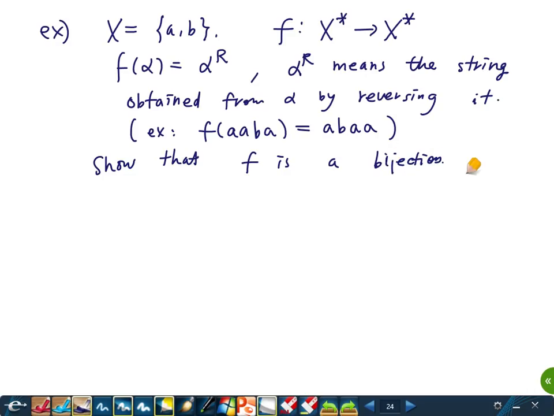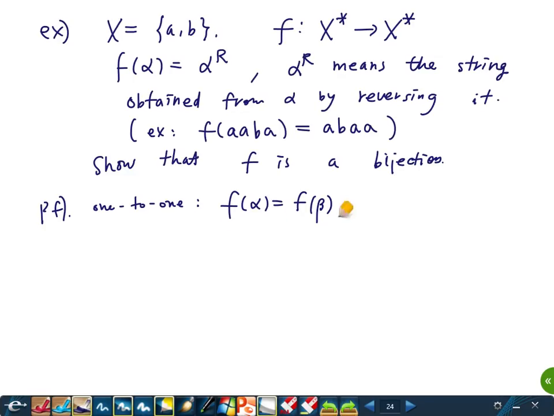Bijection means two things, one-to-one and onto. Proof, one-to-one. How can we show that a function is one-to-one? Suppose that f of alpha equals f of beta. We need to show that alpha equals beta, right?